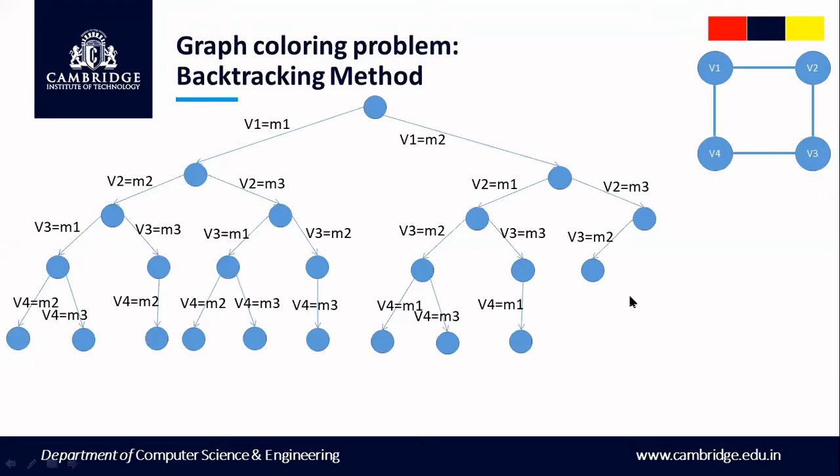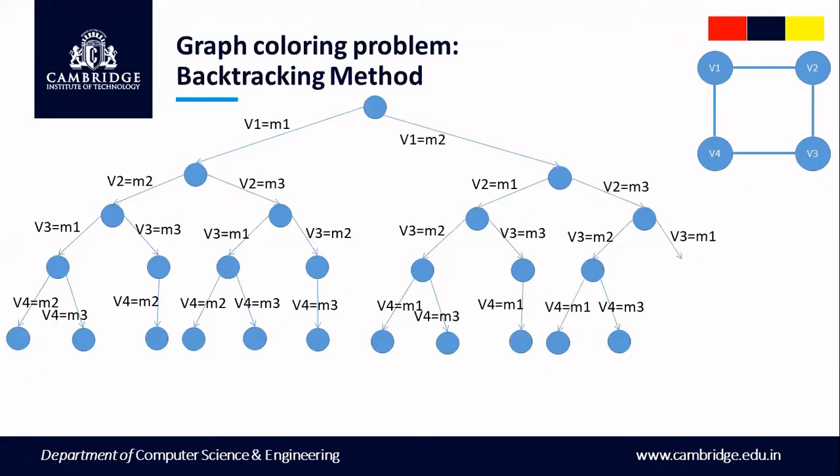So therefore V4 has two options: either M1 or M3. Same way, backtrack and check the option for V3. V3 can now also explore M1.